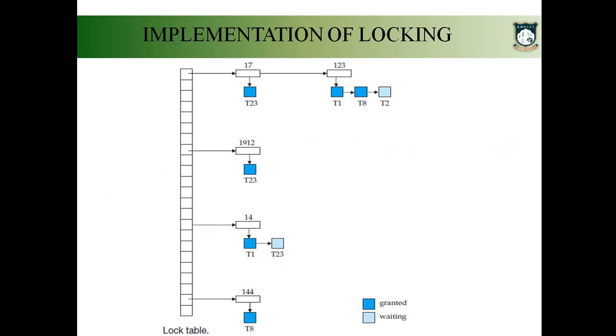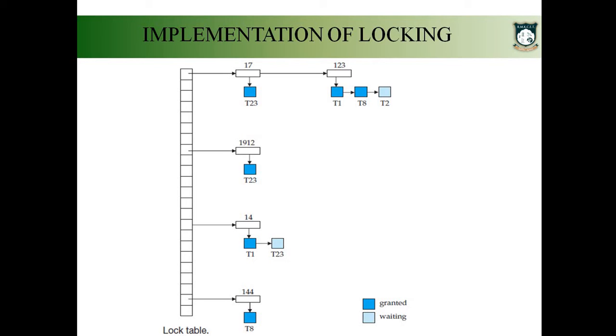Okay students, fine. Now let us see how these locking concepts are implemented. In our earlier discussion we have learned that whenever a transaction is requesting to lock a data item, the lock will be granted if the data item is not being locked by any other transaction.